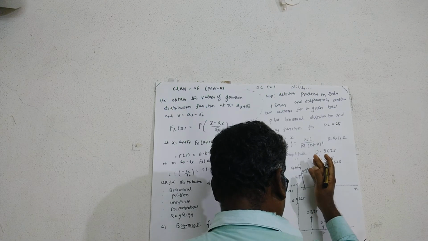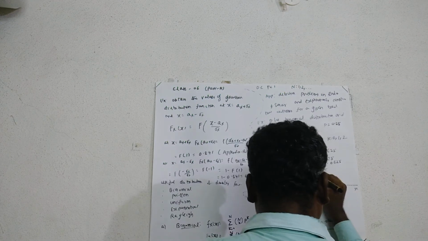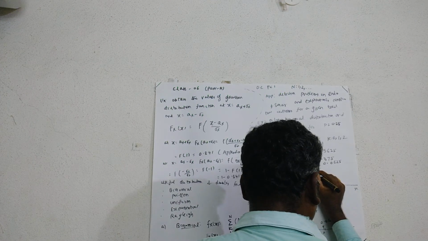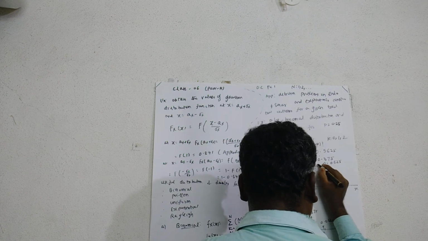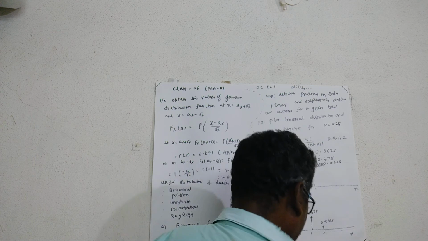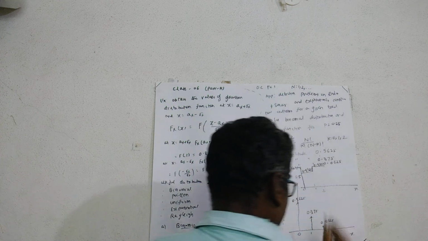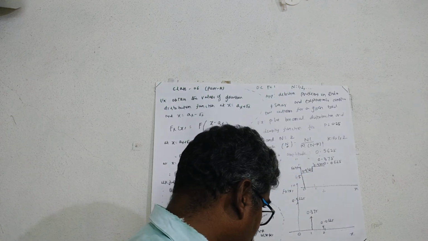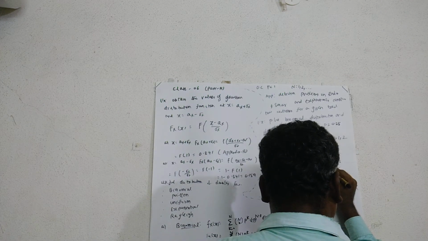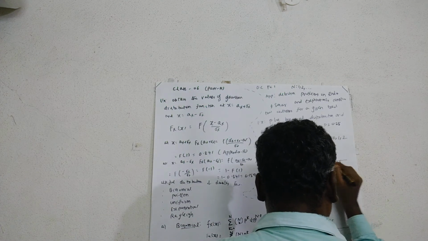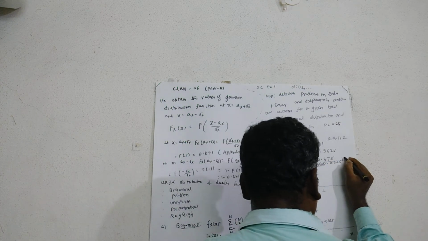At x is equal to 1, this amplitude is added to the next amplitude, 0.375. Cumulatively we get 0.9375. Then at 2, to this 0.9375 we cumulatively add 0.0625. Finally, we get 1.